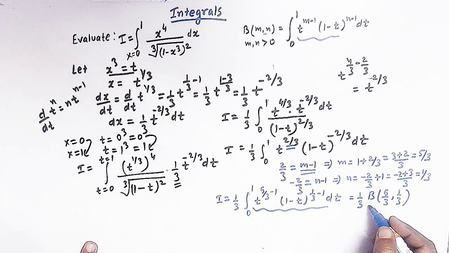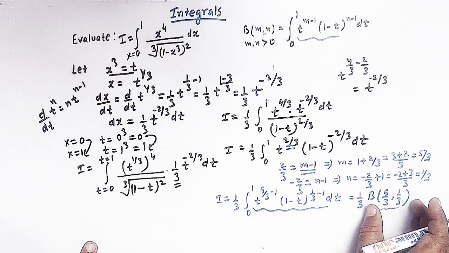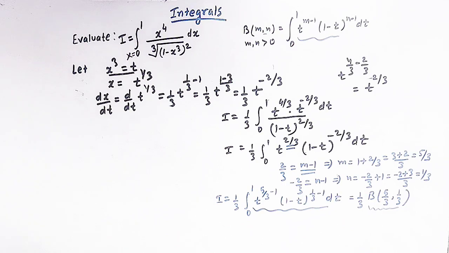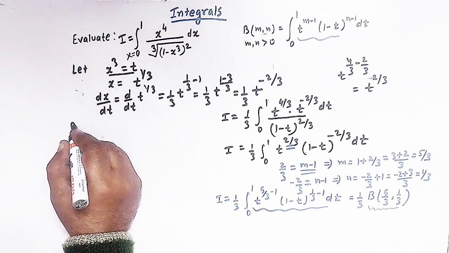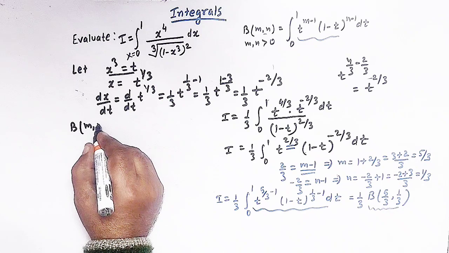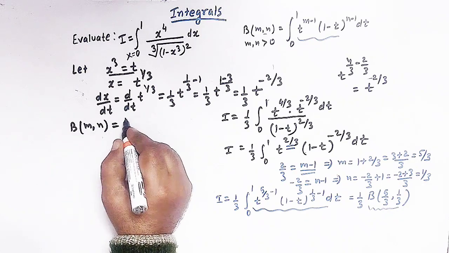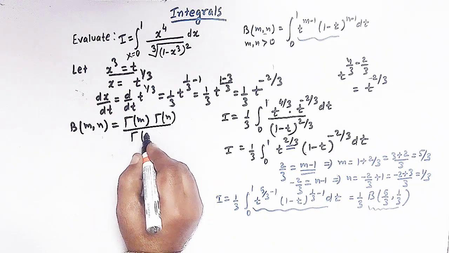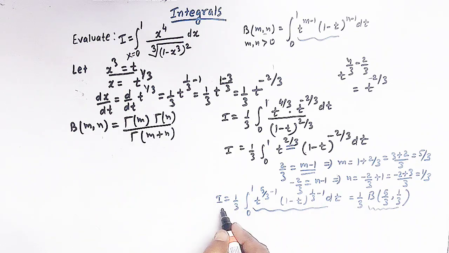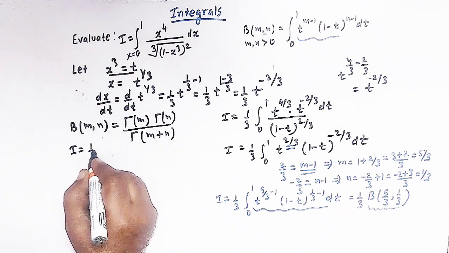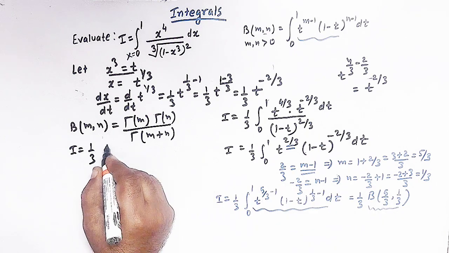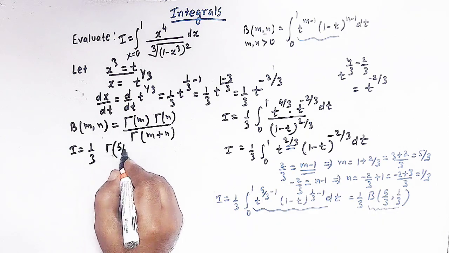So now we have to calculate the value of this beta function by using the relationship between beta function and gamma function. So now the beta function and gamma function are related by this expression, that is gamma m, then we have gamma n divided by gamma m plus n. So now this integral I is equal to 1 over 3, and beta 5 over 3 comma 1 over 3 is equal to gamma 5 over 3.